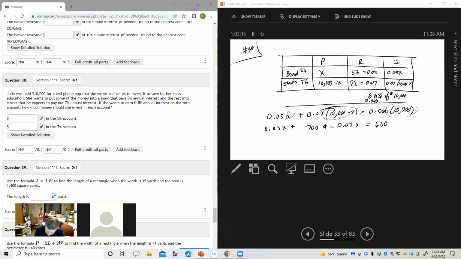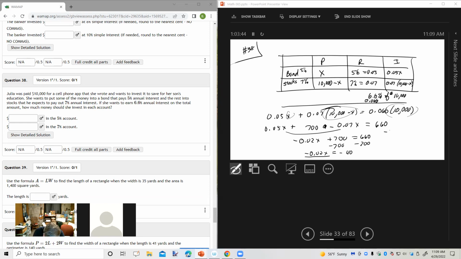Combining like terms, 0.05x minus 0.07x would be negative 0.02x, plus 700 equals 660. I'm going to subtract 700 from both sides. I'm going to get negative 0.02x equals negative 40, since 660 minus 700 is negative 40.